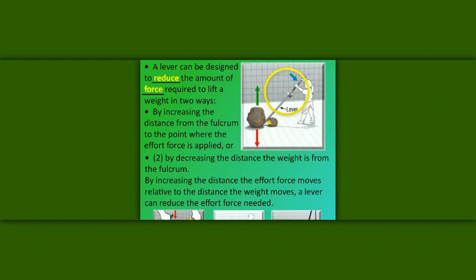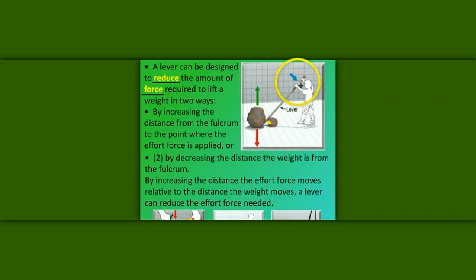And so basically, we use a stick, we prop it against the other little tiny rock, and then we try to move the big boulder. So we are pulling down on the stick. See, the blue arrow is always talking about the effort.